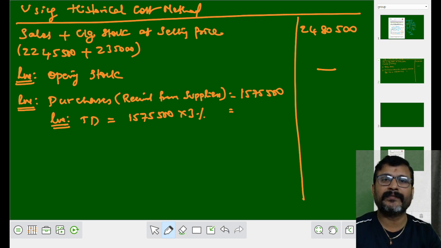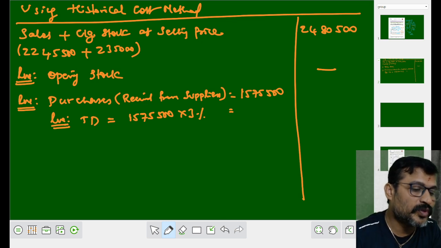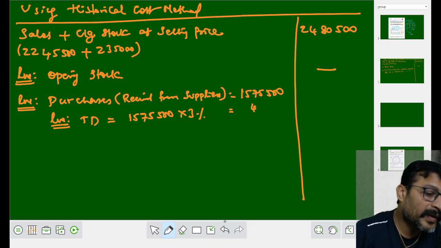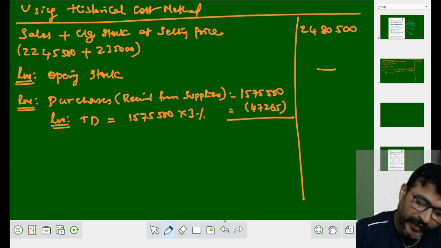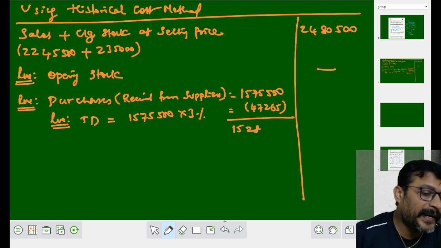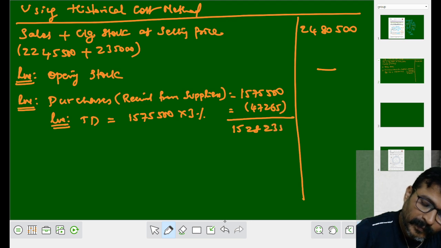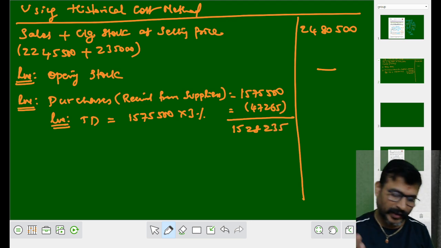Use a calculator and work out. It comes to 47,265. After subtraction we get 15,28,235. Use a calculator and work out.